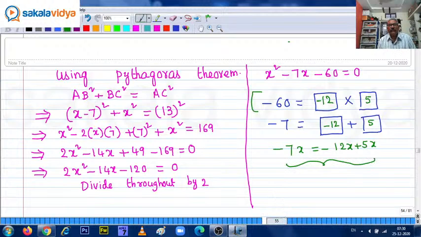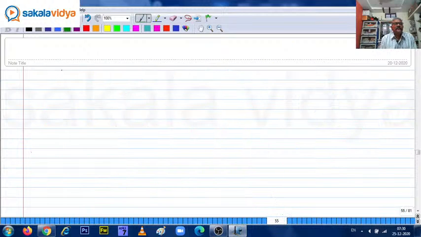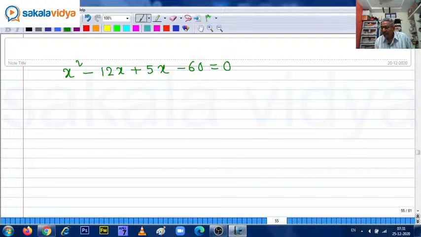So now we can solve like this: x square minus 12x plus 5x minus 60 equals 0. From the first two terms, let us take x common. We have x minus 12 common, and from the last two terms, 5 common, x minus 12.